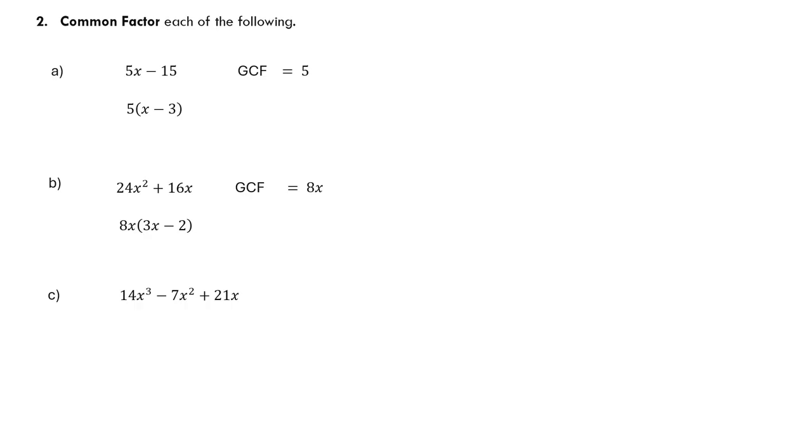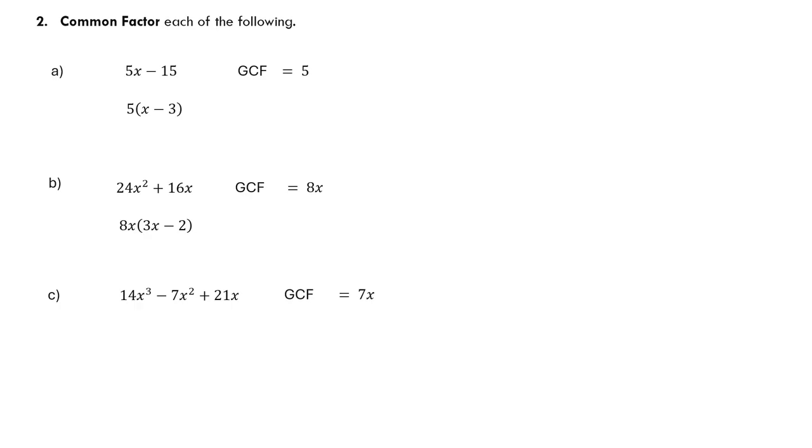Question C. Once again, we have x in all of the terms. So we have an x cubed, an x squared, and an x. But we'll start with the numbers. So the greatest common factor between 14, 7, and 21 happens to be 7. The smallest of the x exponents between x cubed, x squared, and x happens to be x.